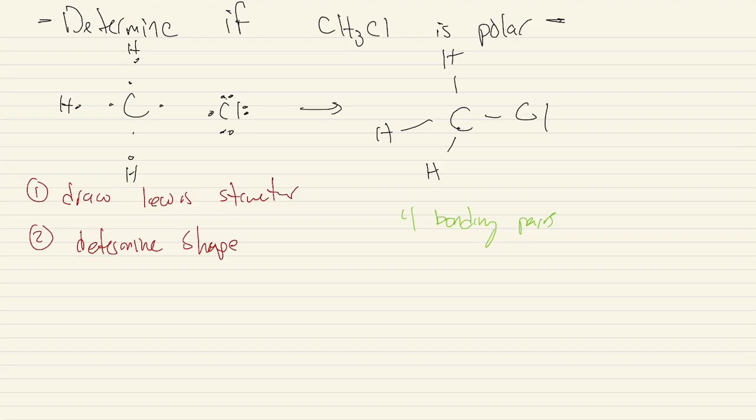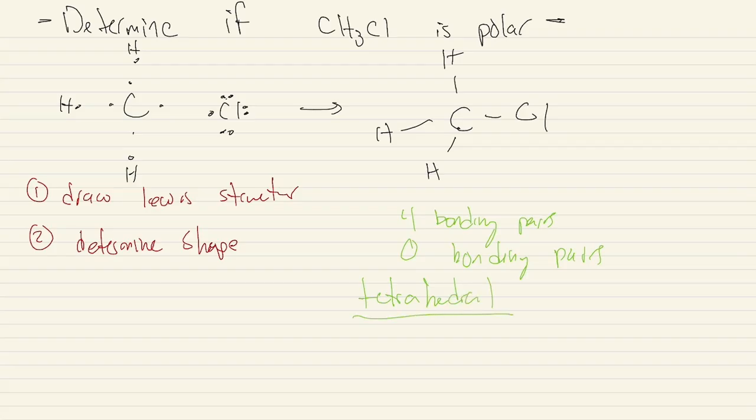And how many lone pairs on carbon? 0, right? We have 0 lone pairs on carbon here. Why? Because there are no non-bonding electrons. Even though it satisfies the octet, we gain all those electrons from covalent bonds, not from lone pairs that exist on carbon. So there's 0 lone pairs. So what shape is this? Tetrahedral, right? So this is tetrahedral.